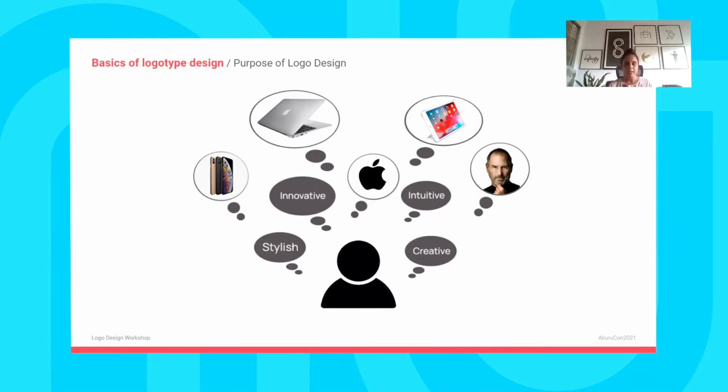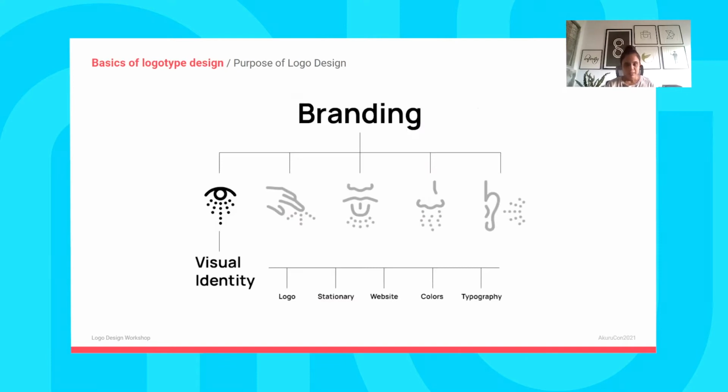All of this, everything that is related to a company and their products and services, encompasses a brand. Simply put, everything that runs across our minds when we think about a company is a brand.